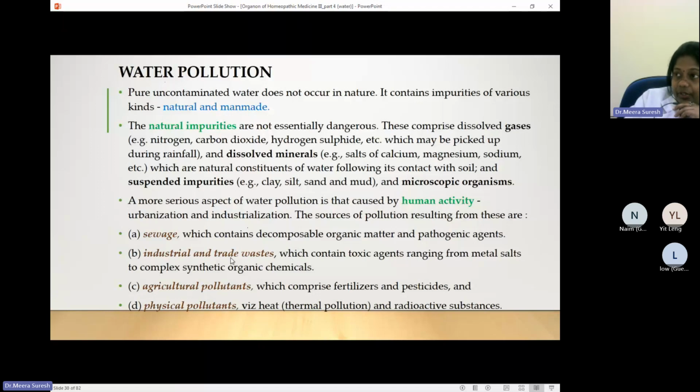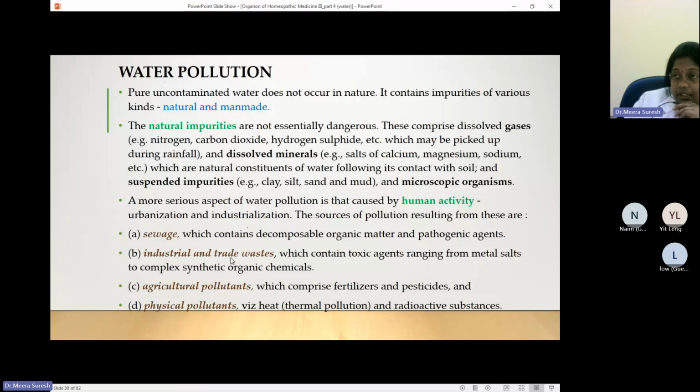All the industrial and trade waste, I told you in the last class itself, there are possibilities. It is actually advised that the waste pipe from these industries should be led into the sea after treatment.